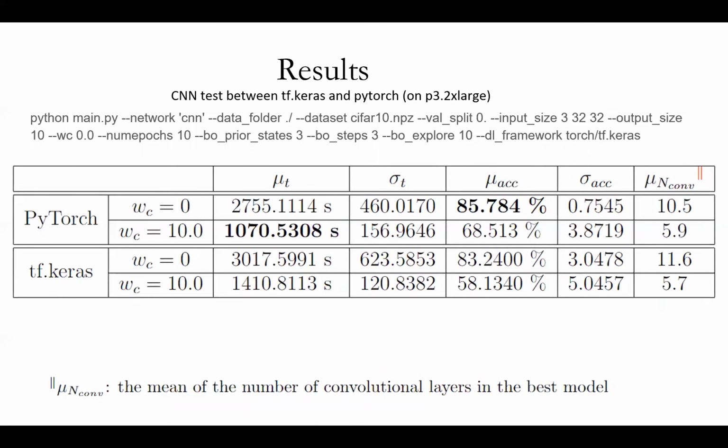PyTorch is still faster than TF.Keras, while this time PyTorch performs slightly better than TF.Keras. And with the increase of WC, the framework also tends to learn a lighter network.